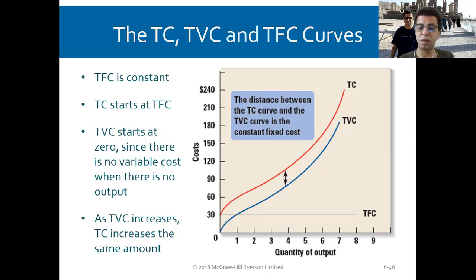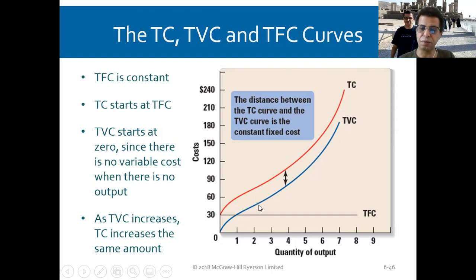So you notice here, as we start up, we have a fixed cost, doesn't matter what we are doing, and your total fixed cost is there if you're not producing anything. As you start beginning, then at this point, when you start producing, total variable costs start with you buying things and start producing.